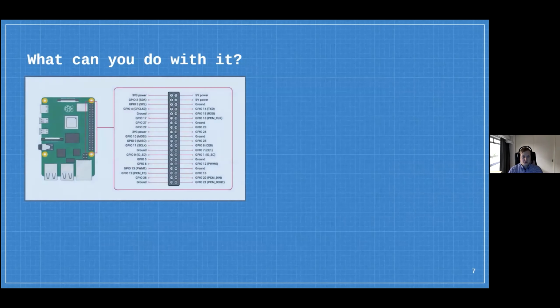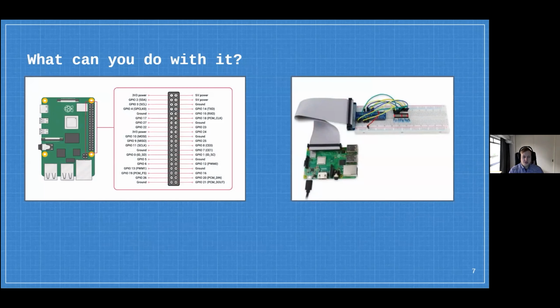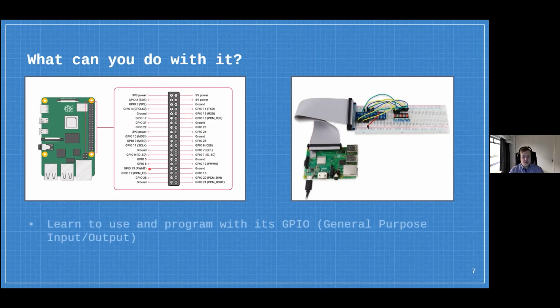Another thing you can do with it, and this is what got me interested in the Raspberry Pi, is you can actually program hardware directly through its GPIO, its general purpose input and output system. You can use these pins that are on the single board and program them directly. You can directly send energy through these ports, connect them to cables, and then, for example, turn on an LED.